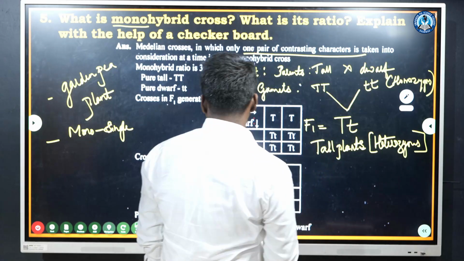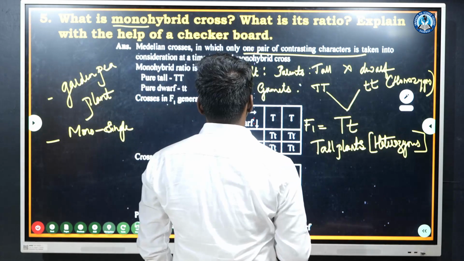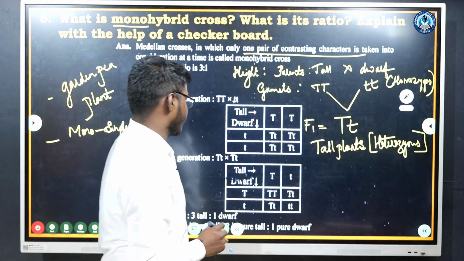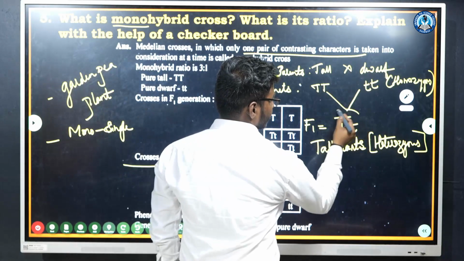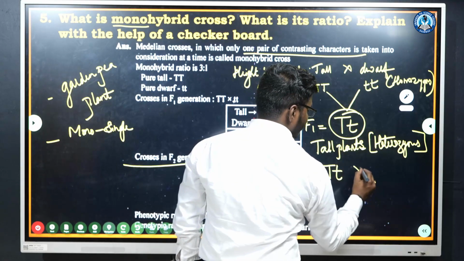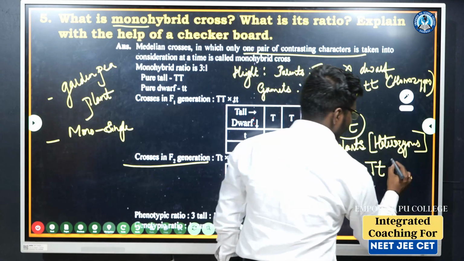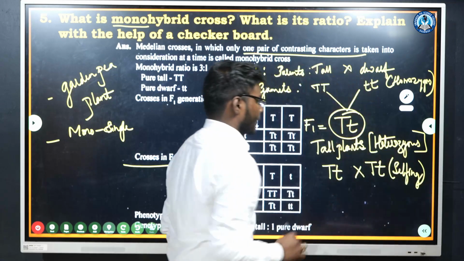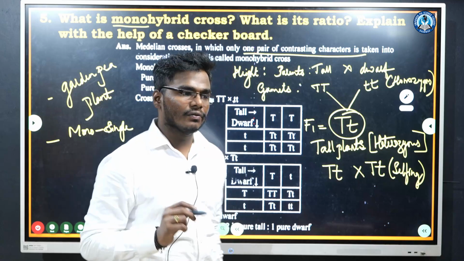Next, they did the crossing, the cross in the F2 generation. They took this F1 generation, capital T, small t, and crossed it with the same plant. This we are going to call selfing. That is, the F1 generation was again crossed with the F1 generation itself.